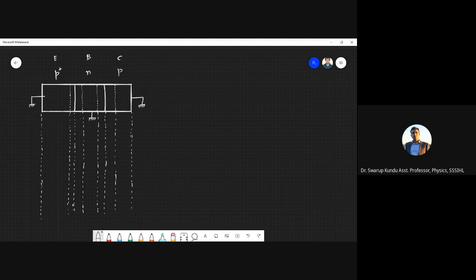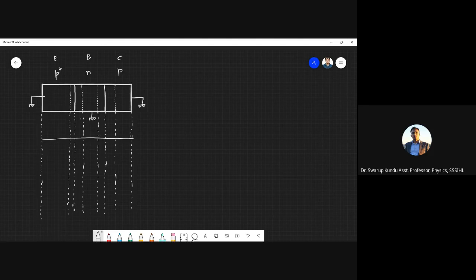Okay. Now let's see the doping profile. So how will be the doping profile or our acceptor and donor ions? So how do you write it down? Donors and acceptors. So let's draw one line here.